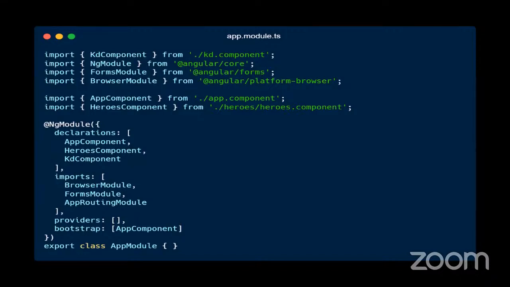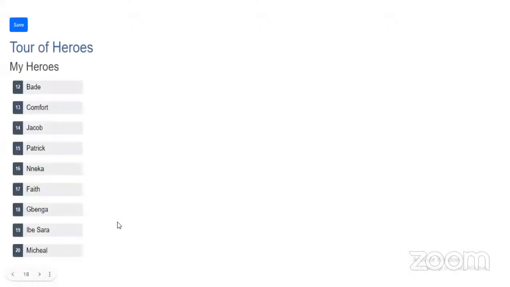First, we need to declare, to register all our application components, app component, hero component, and KD component, in declarations. Then in a situation where we need services, services are going to come here under providers. So if we do everything right, at the end of the day, we should be able to see our heroes list here.